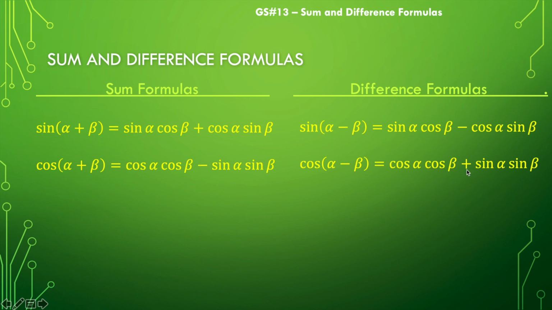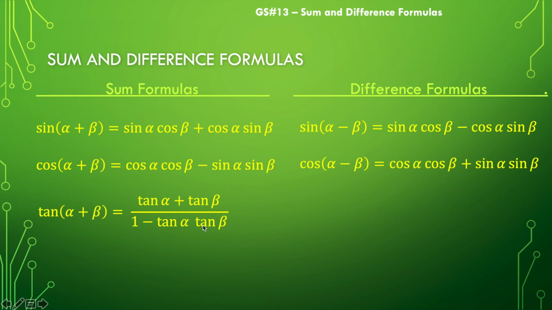Now, the last one is the least friendly. The tangent of the sum of two angle measures is equal to the sum of the tangents, tangent of the first angle plus tangent of the second, over 1 minus the product, tangent of the first times tangent of the second.